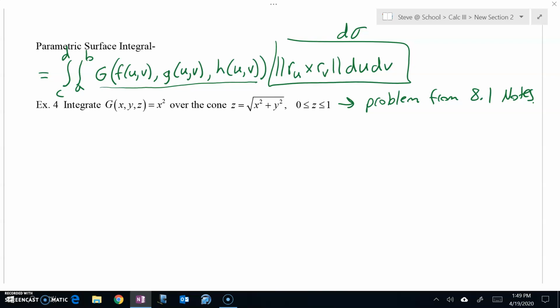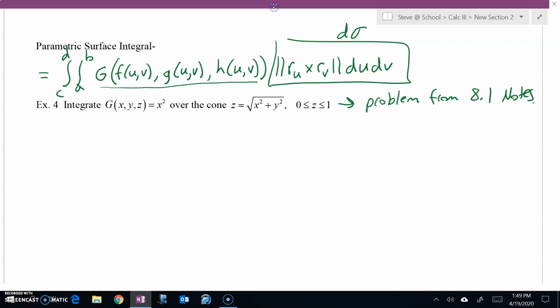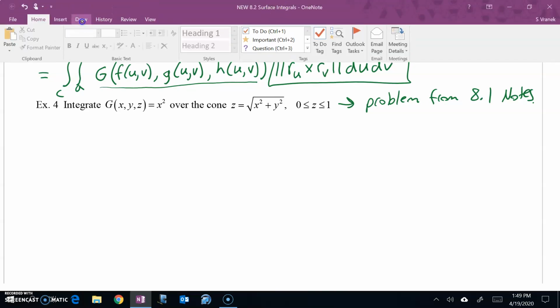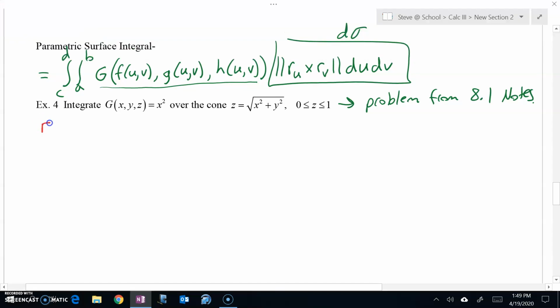Now, this is the exact same problem from 8.1 notes. Okay, so we actually found some of this information out when we did the 8.1 notes. So when we did the 8.1 notes, we wrote this in terms of r and theta. So we wrote our surface as r comma theta of r cosine theta because that's what x is equal to, r sine theta.